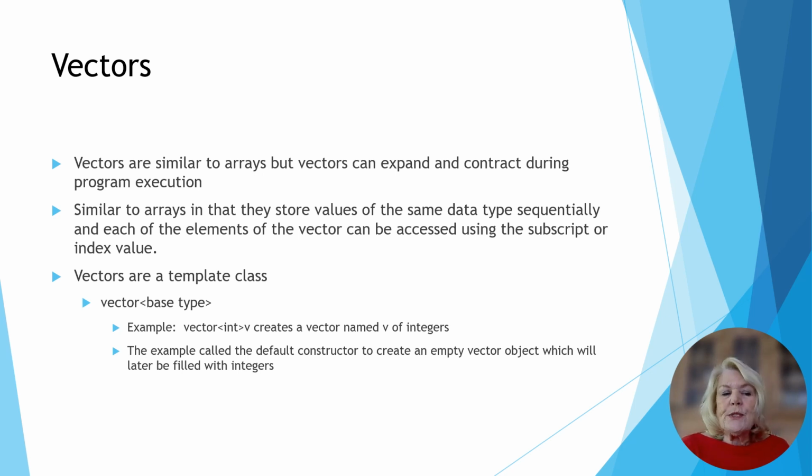So when you're using vectors, you put vector and then in the arrows your base type. And as in the example, that's creating a vector of integers. So in the example, the default constructor is called to create an empty vector object that will be filled with integers.